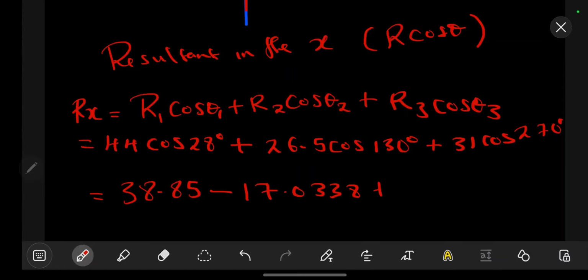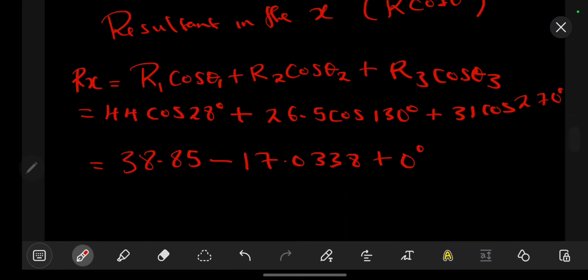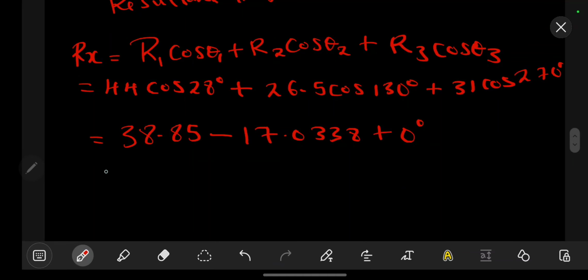Then we have plus our 31 cosine of 270. The cosine of 270 is 0, so when you press 31 cosine of 270, you get 0. When we subtract the 2, we find that we are getting 21.82. So this is our resultant in the x.